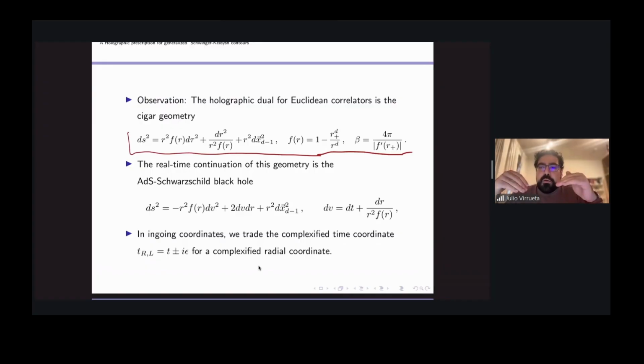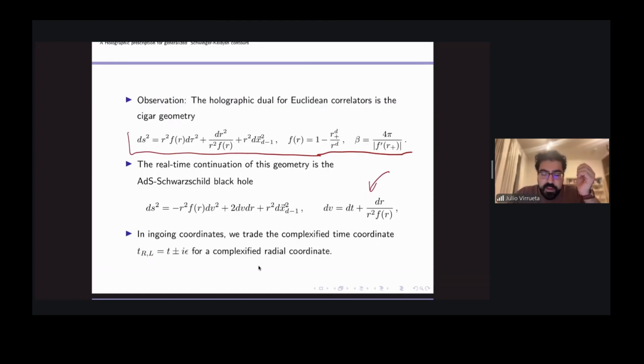Similarly, if I now consider the Lorentzian segments, I want to smoothly continue or smoothly attach geometries to these Euclidean segments. So the usual way is I chop off my Euclidean cigar and I attach at a point of time reflection symmetry 2 copies of a normal black hole, right?